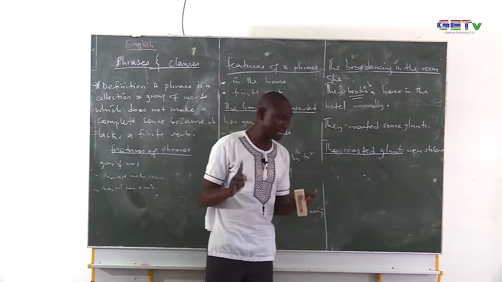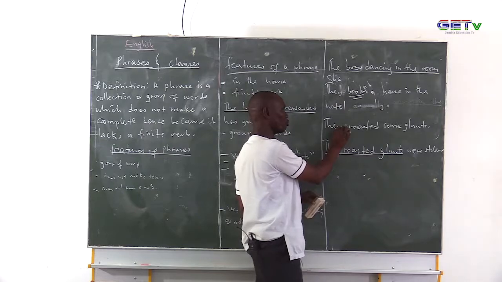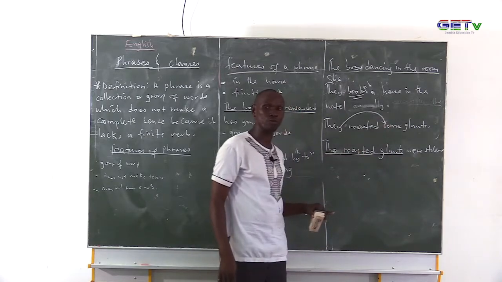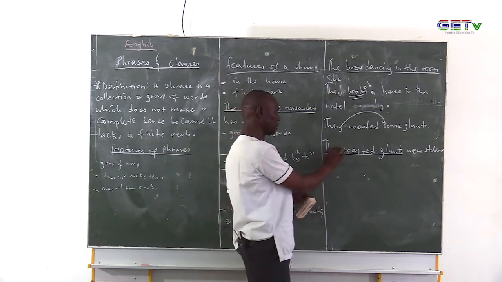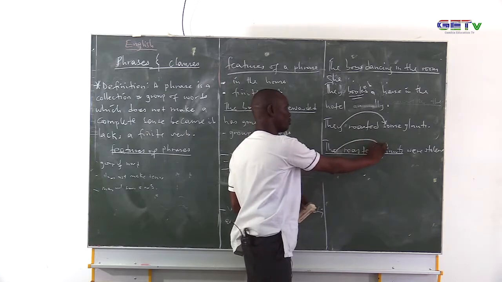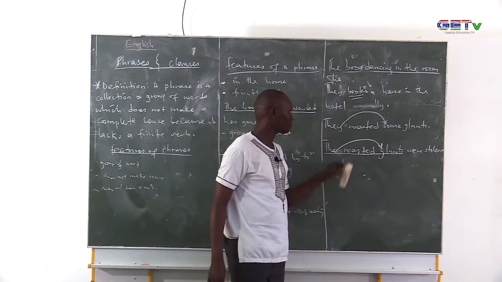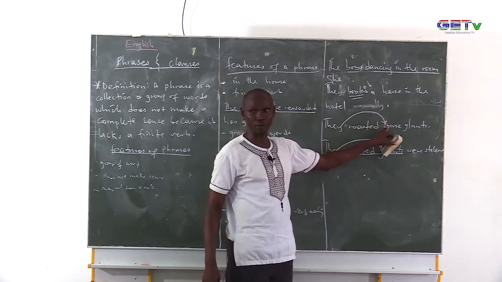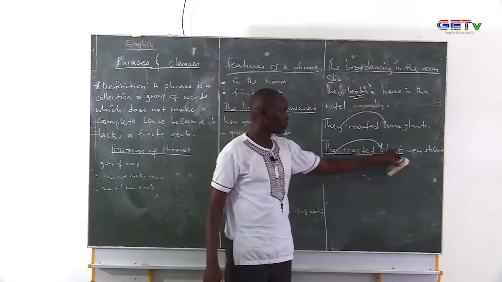How do we get this right? This is the word before the roasted. Now just draw an arrow to the first word after the word roasted. Do the same thing here, and you point at here. Read them. They some groundnuts. They some groundnuts. The groundnuts were stolen.